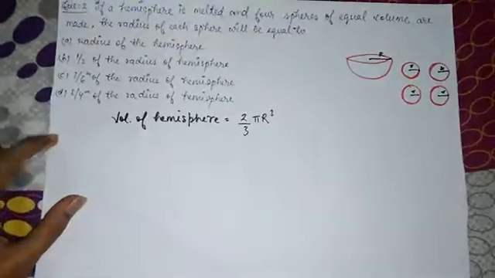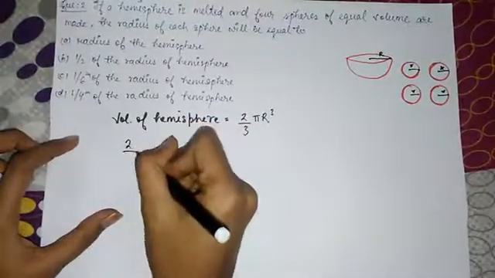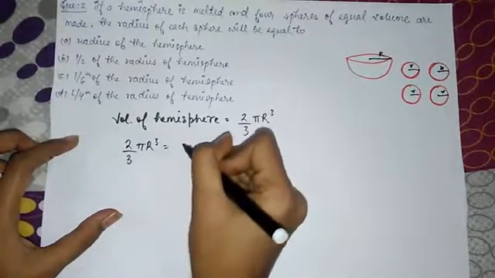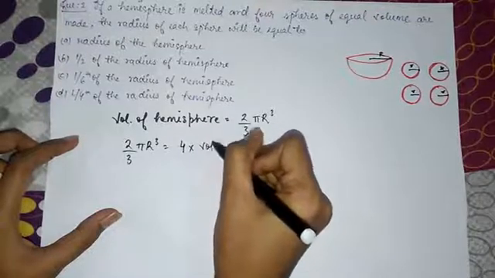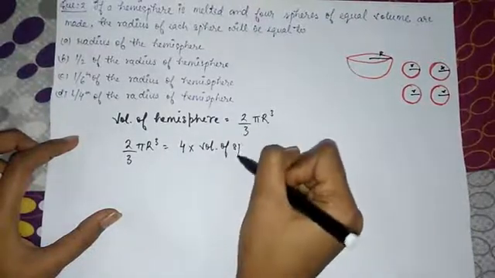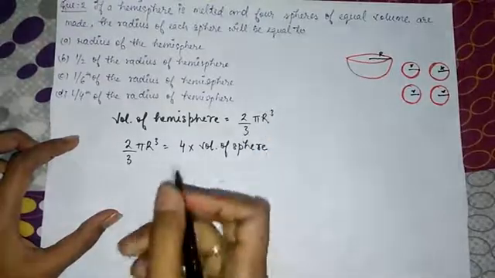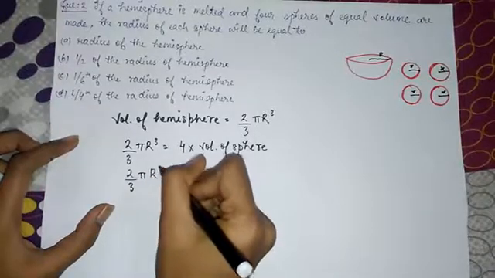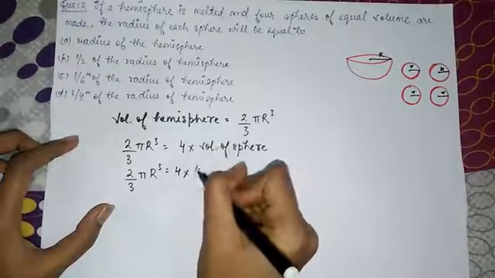Okay, so volume of hemisphere is equal to 4 into volume of sphere, because there are 4 spheres, right? So 2 by 3 pi R cube is equal to 4 into volume of sphere.